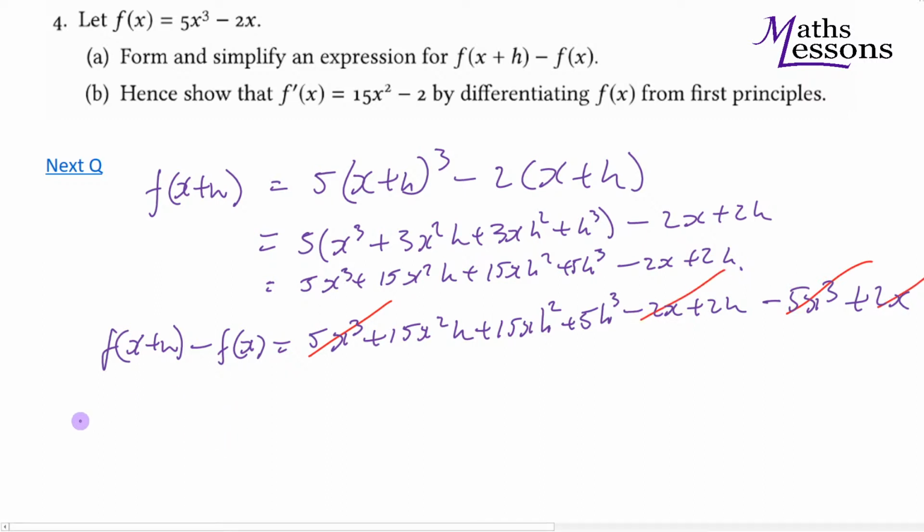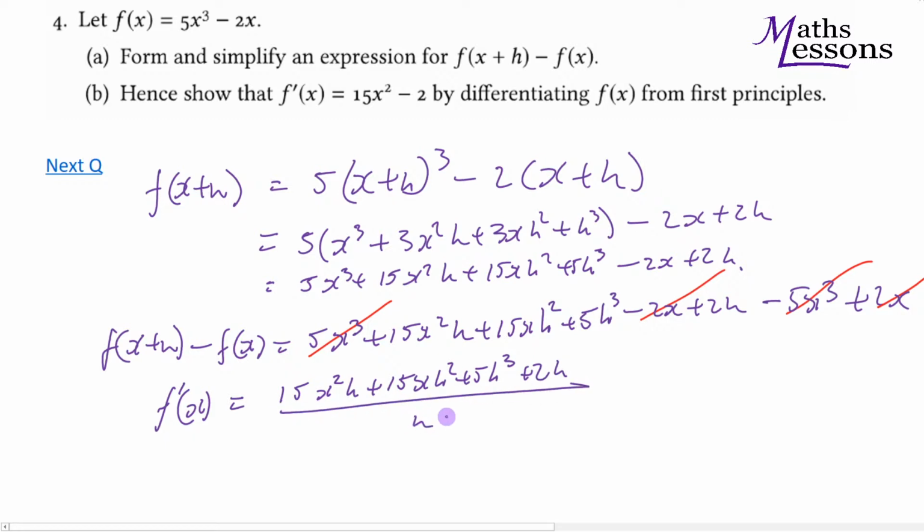So therefore, f dash of x is equal to all of this, 15x squared h plus 15xh squared plus 5h cubed plus 2h all over h. So we can do a bit of cancelling here as well. So let's just cancel that with that, that with that. That will go to a 2, and that will go to a 1.